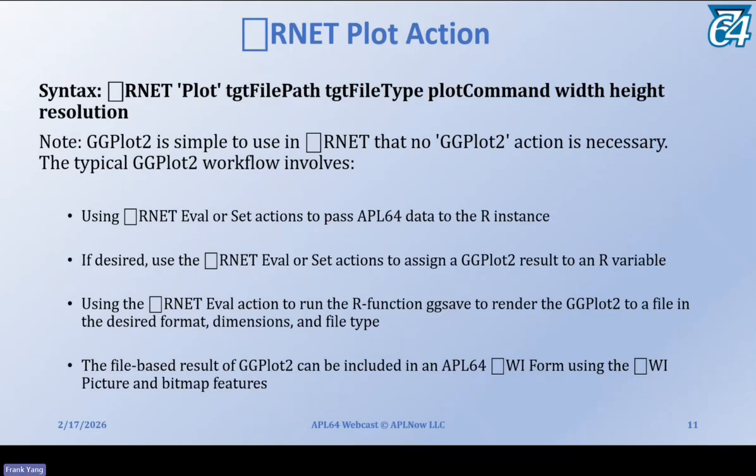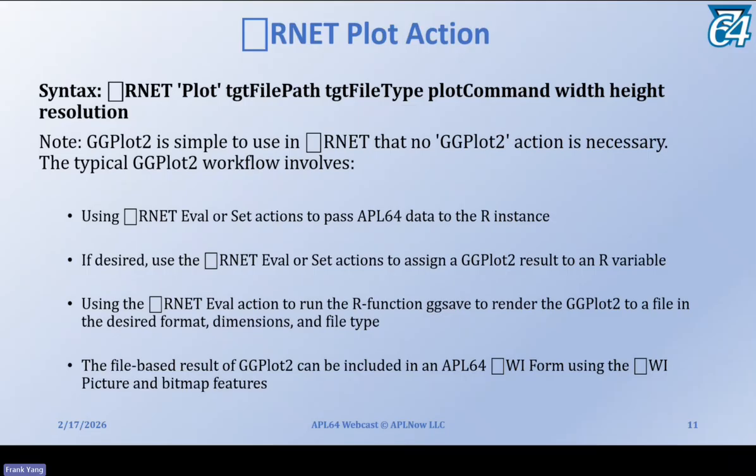If desired, use the quad RNET eval or set action to assign the ggplot2 result to an R variable, using the quad RNET eval action to run R function ggsave to render the ggplot2 to a file in a desired format, dimensions, and file type. The file-based result of ggplot2 can be included in an APL64 quad waveform using the quad waveform picture or BMP feature, the bitmap feature.